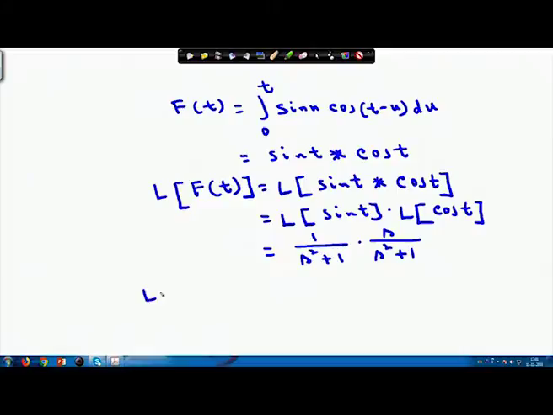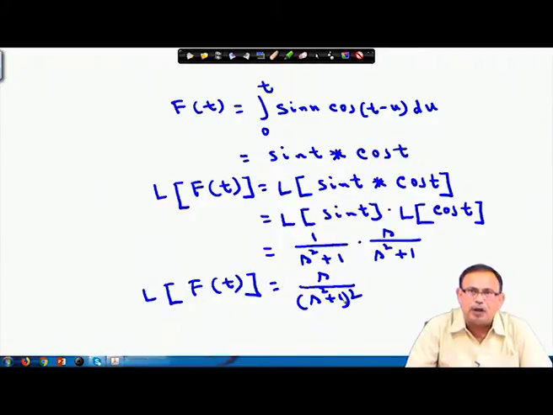So the Laplace transform of f(t) equals s by (s square plus 1) whole square. Once I have the Laplace transform of f(t) as a function of s, I can find f(t) using the inverse Laplace transform, that is, f(t) equals Laplace inverse of s by (s square plus 1) whole square.